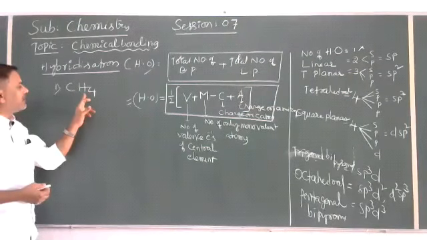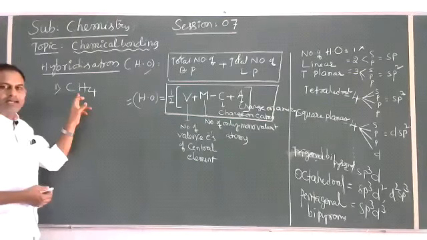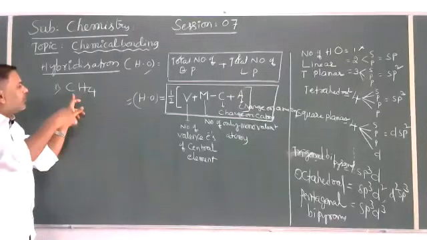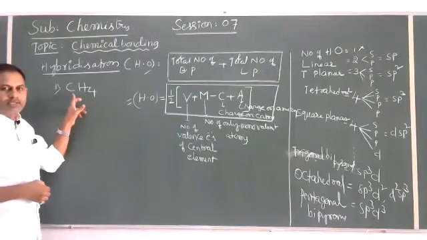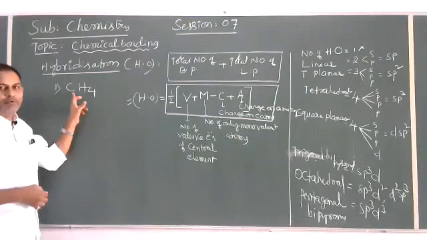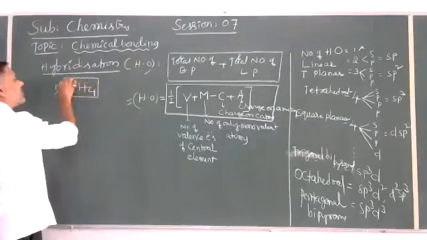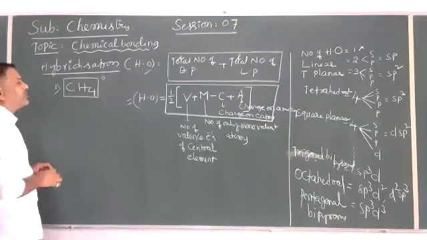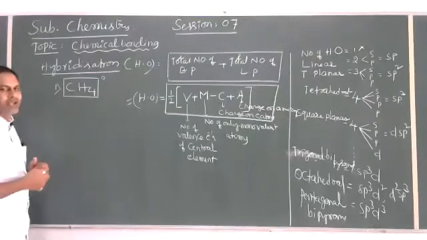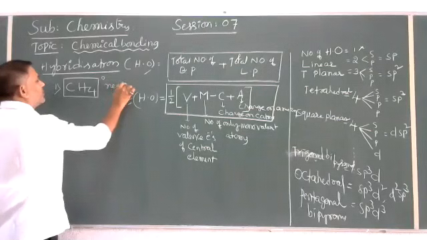Hydrogen is less electronegative, but carbon is considered the central atom because it is the one bonded with more number of other elements. It is a neutral molecule because the sum of oxidation states must equal 0. There is no charge; it is not a cation, it is not an anion.